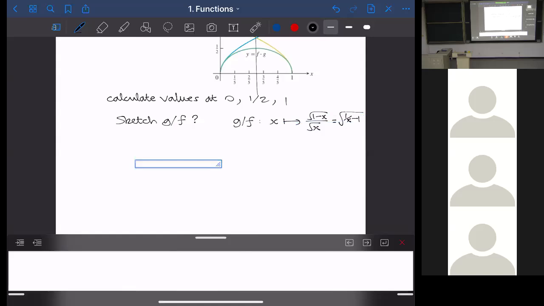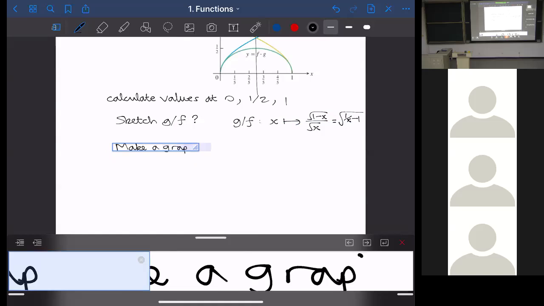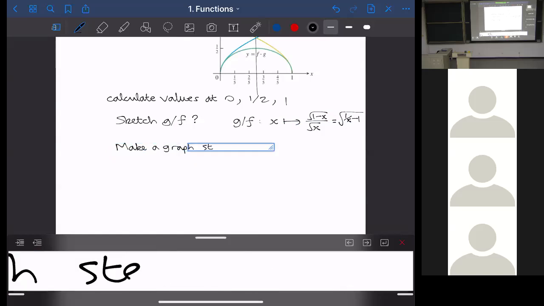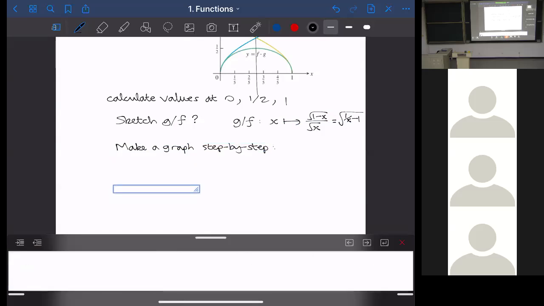So how would we make a graph of this? Let's do it step by step. Starting from easier graphs that we can calculate.